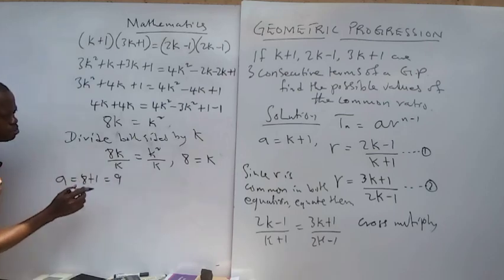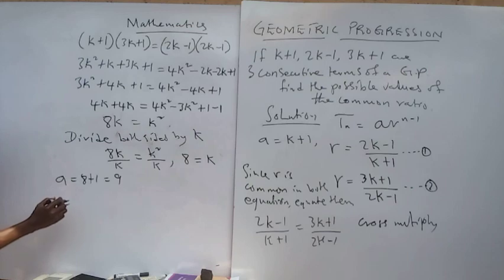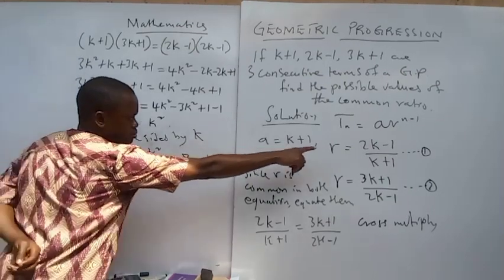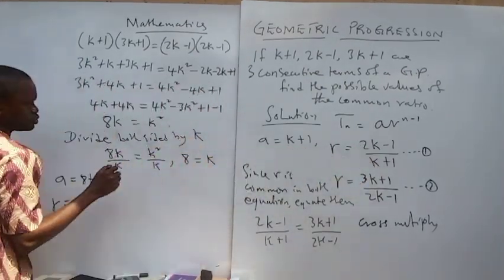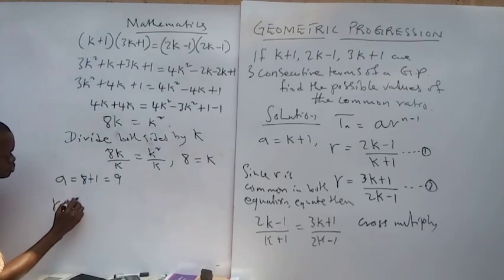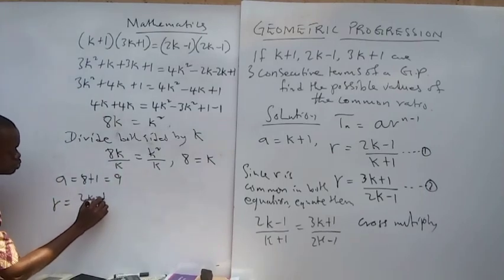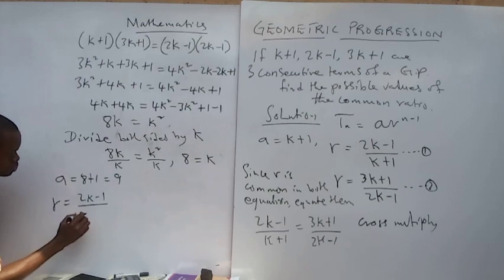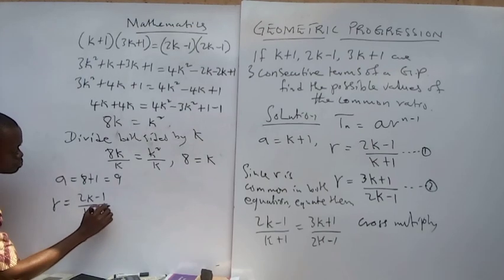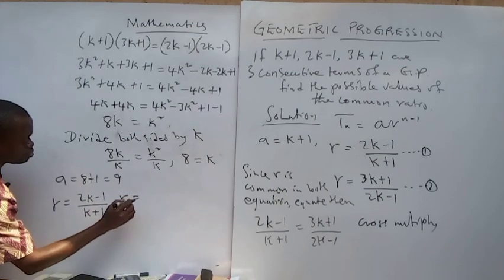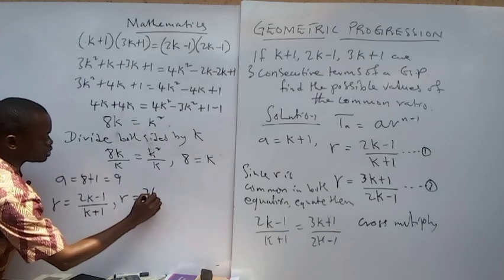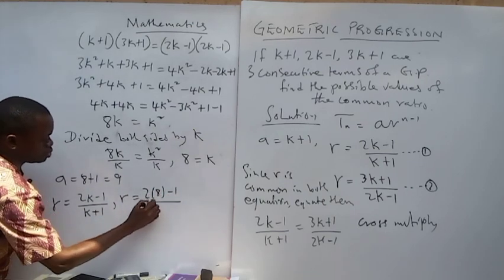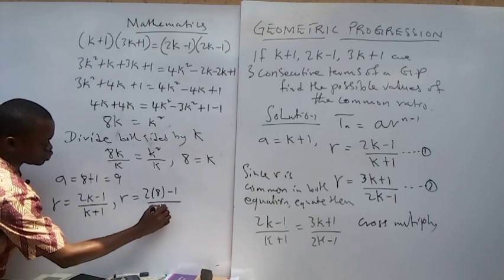So the common ratio R, which is equals to, from equation 1, 2k minus 1 all over k plus 1, will become that R, the common ratio, is equals to 2 in bracket 8 minus 1 all over 8 plus 1.